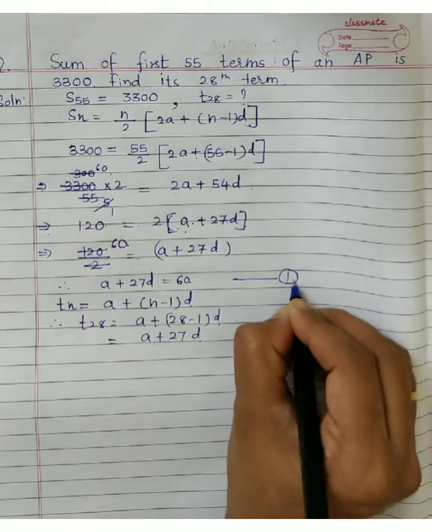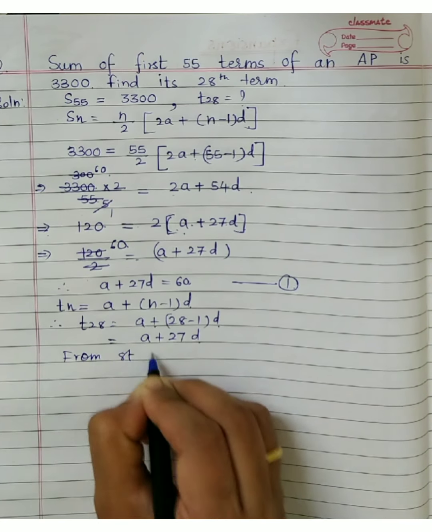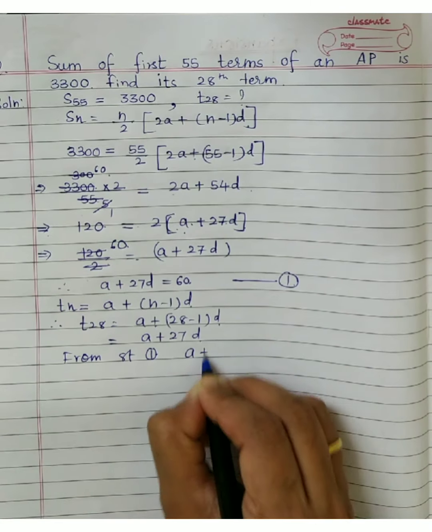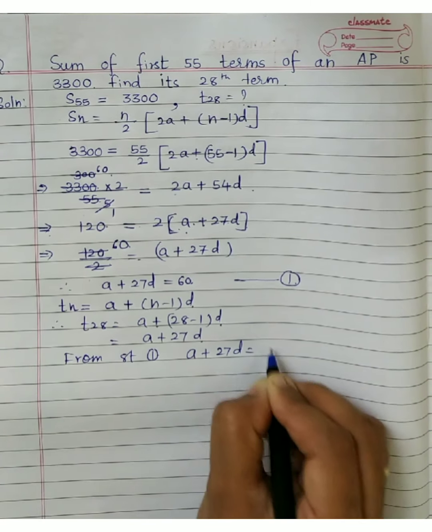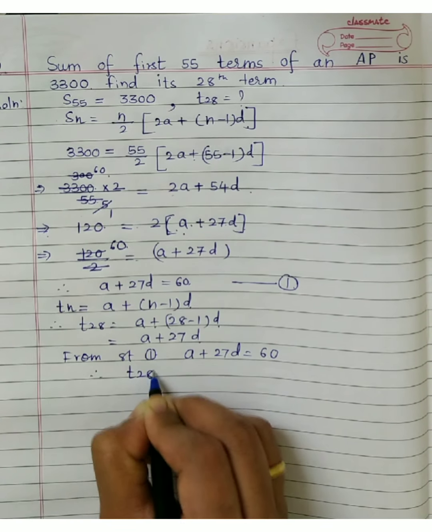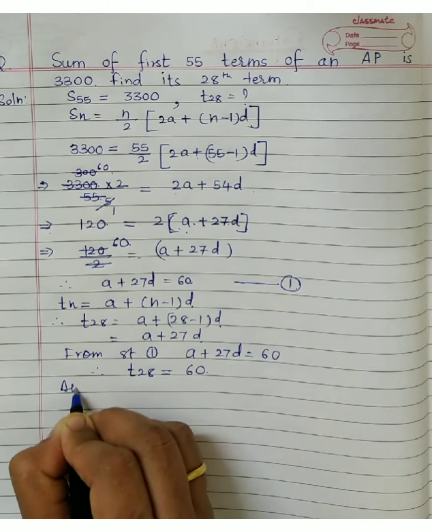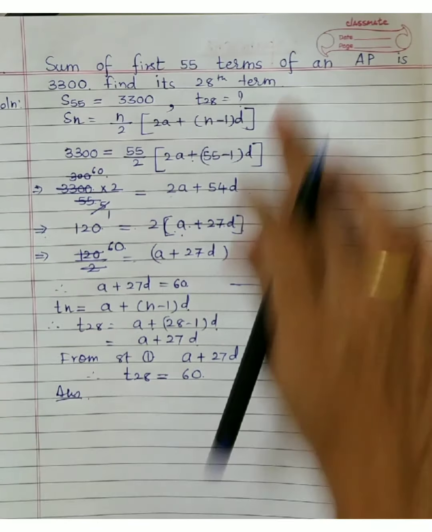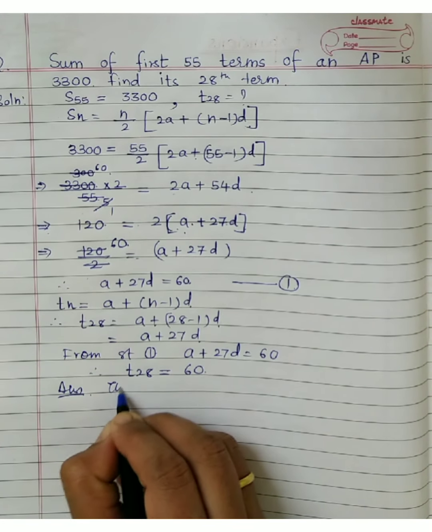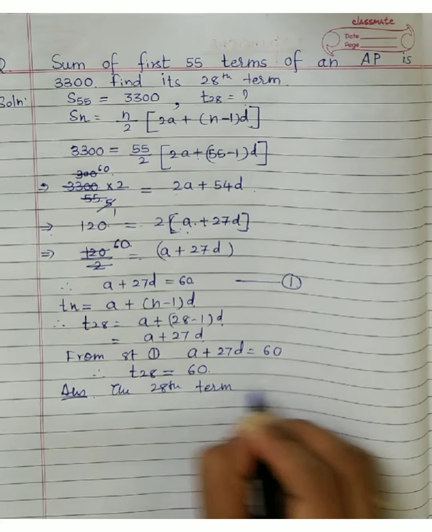Now let's name it as X1. So from statement 1, A plus 27D is what? 60. Therefore T28, which is A plus 27D, is equal to what? 60. So what is your answer? The 28th term is 60.